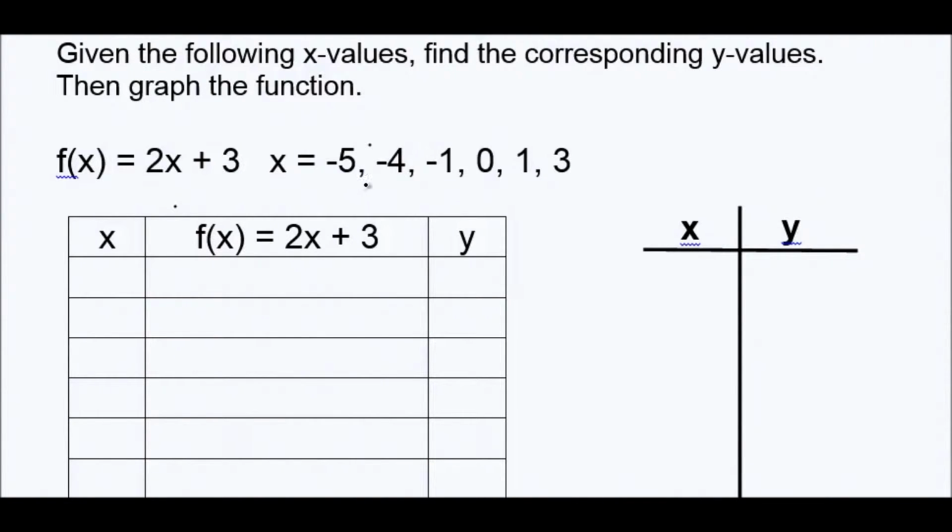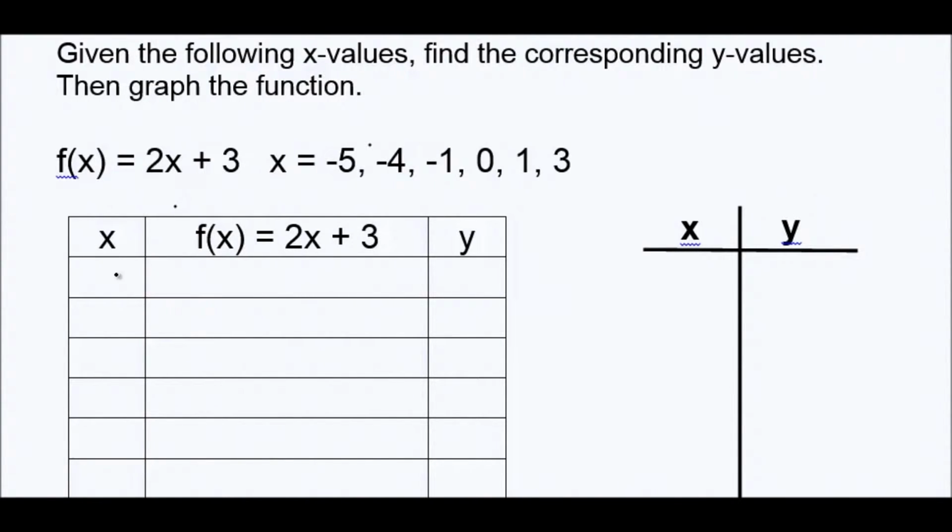But we're given some x values, so what we could do is build a table. We start plugging in these x values into the function, and because f of x is also a fancy way of saying y, we can find the y value for each of these x values.